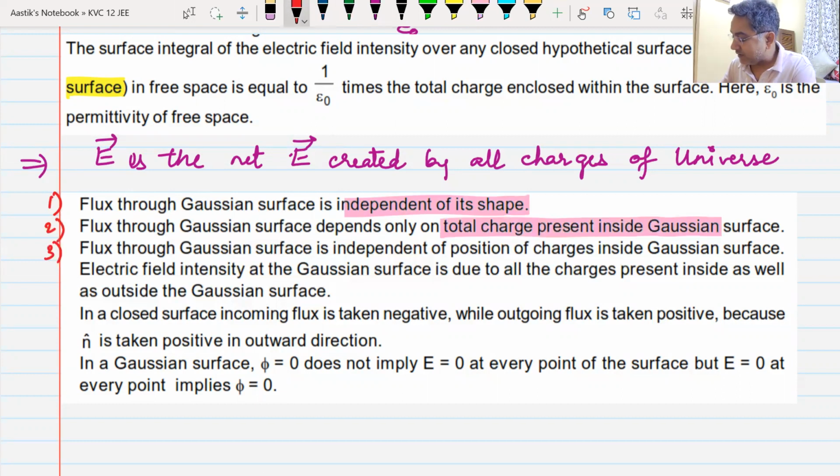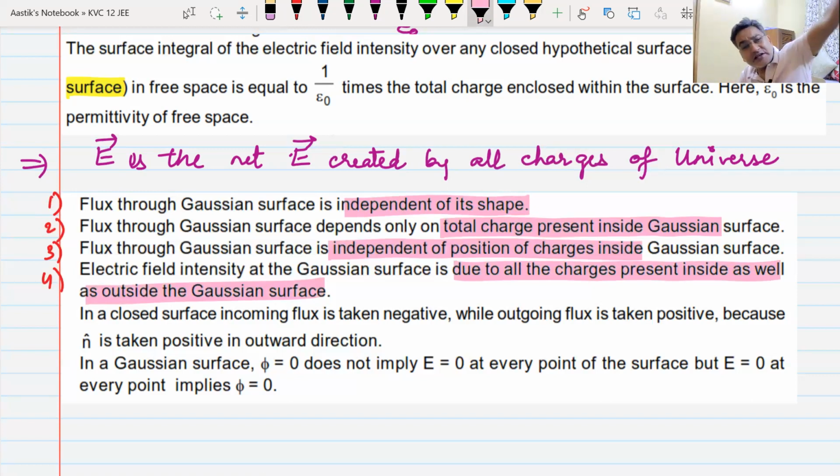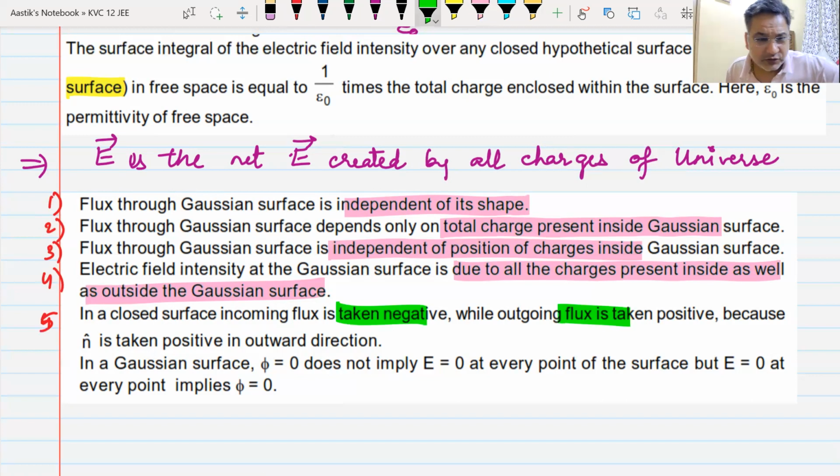Gauss law is independent of the position of charges wherever they are placed. The electric field is the net electric field due to all charges inside as well as outside, all charges in the entire universe. Then if the incoming flux is negative, the outgoing flux is positive. I already told you that. Do you understand this?